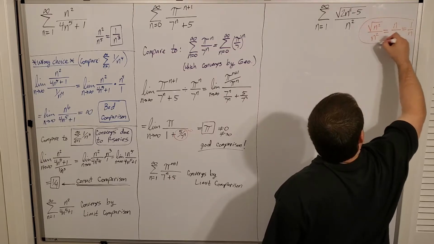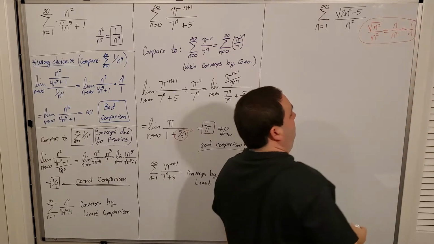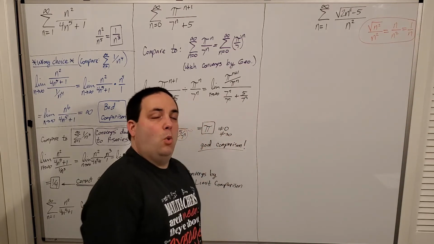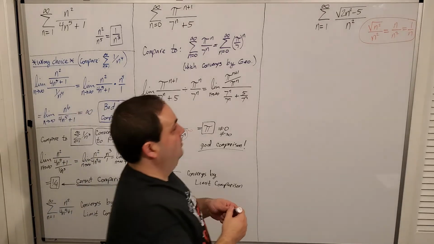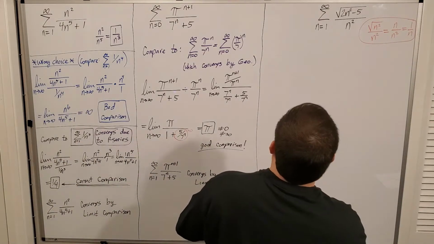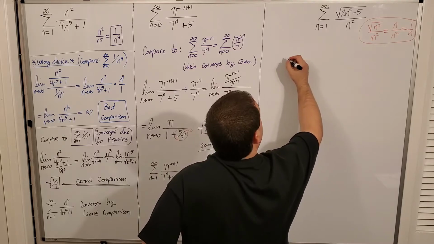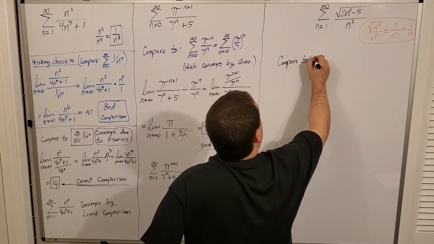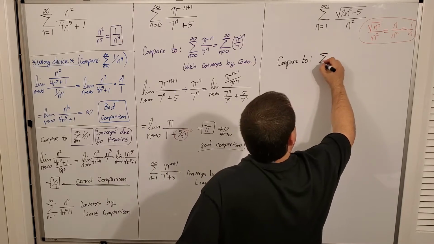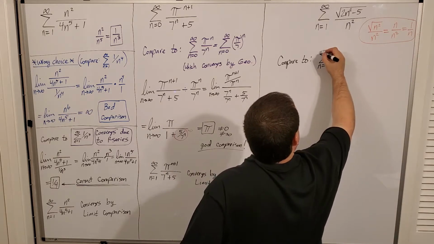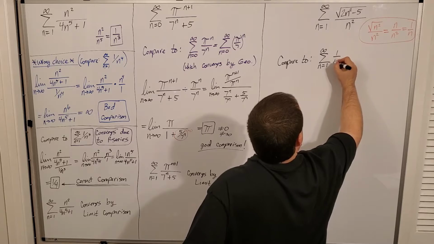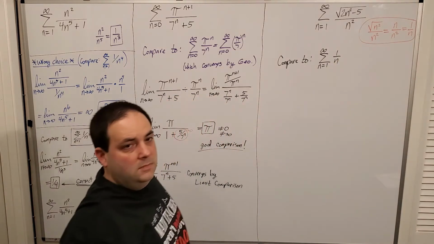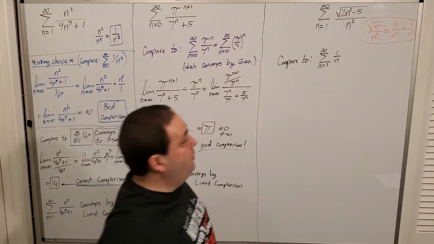Okay? So I'm going to use that same logic here to pick what I want to compare it to. So now I'm going to say compare to the sum n equals 1 to infinity of 1 over n, which diverges by p-series.